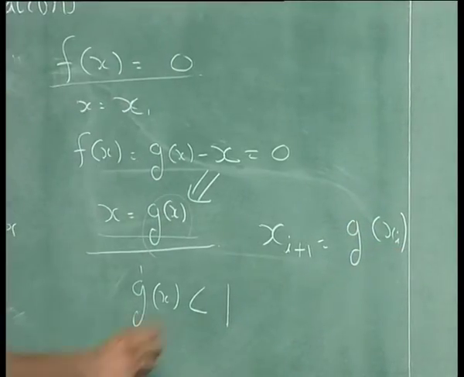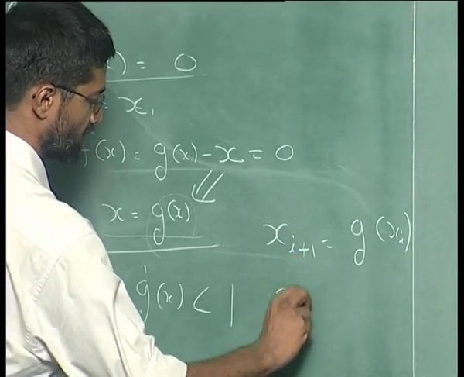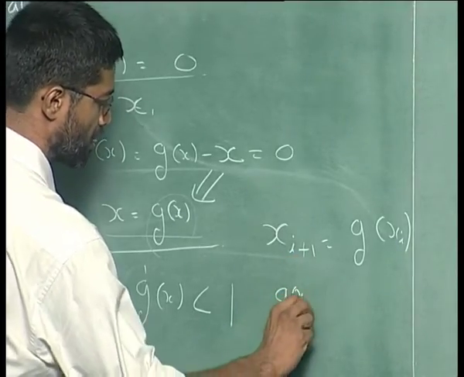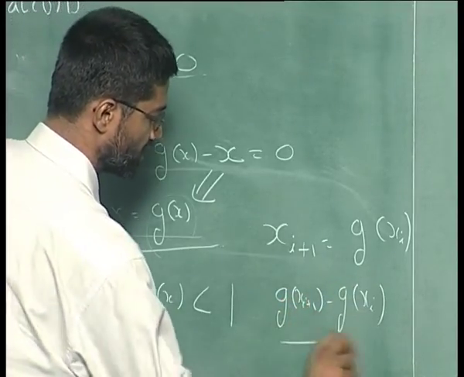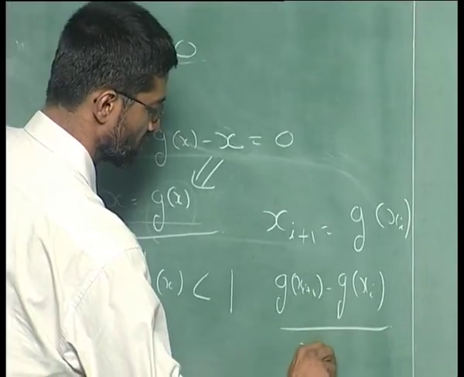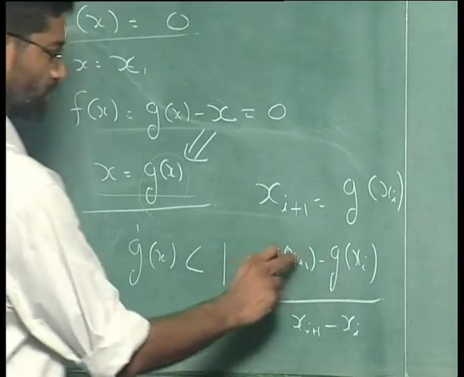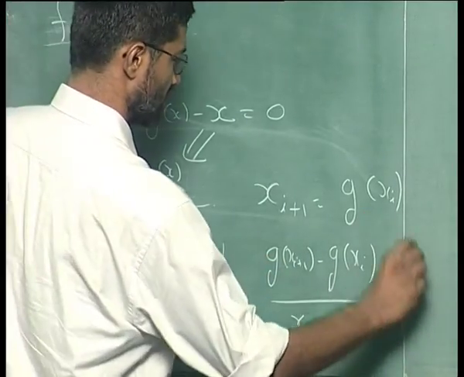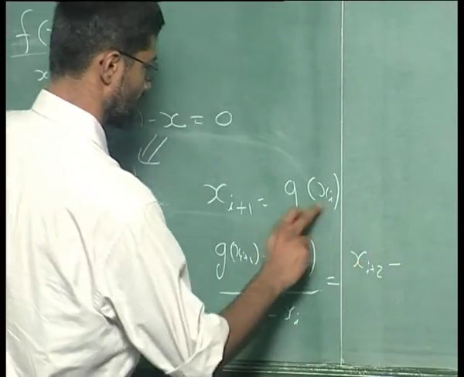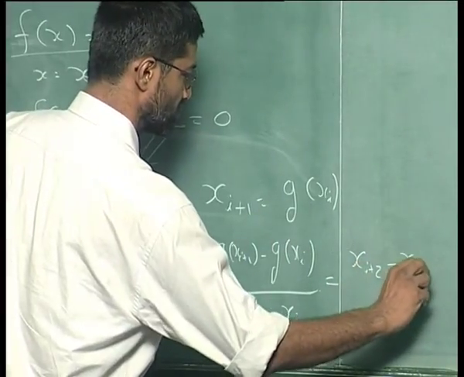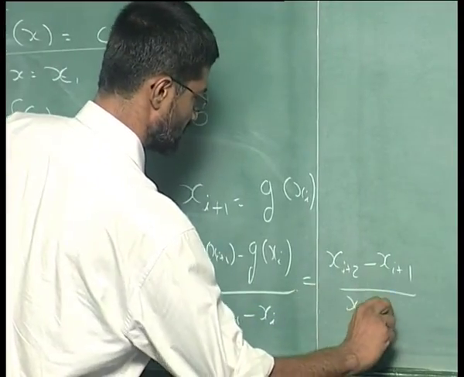So we can easily see that g of xi plus 1 minus g of xi, divided by xi plus 1 minus xi, in our case g of xi plus 1 would be xi plus 2, and g of xi is xi plus 1. That's what we get, and we have xi plus 1 minus xi.